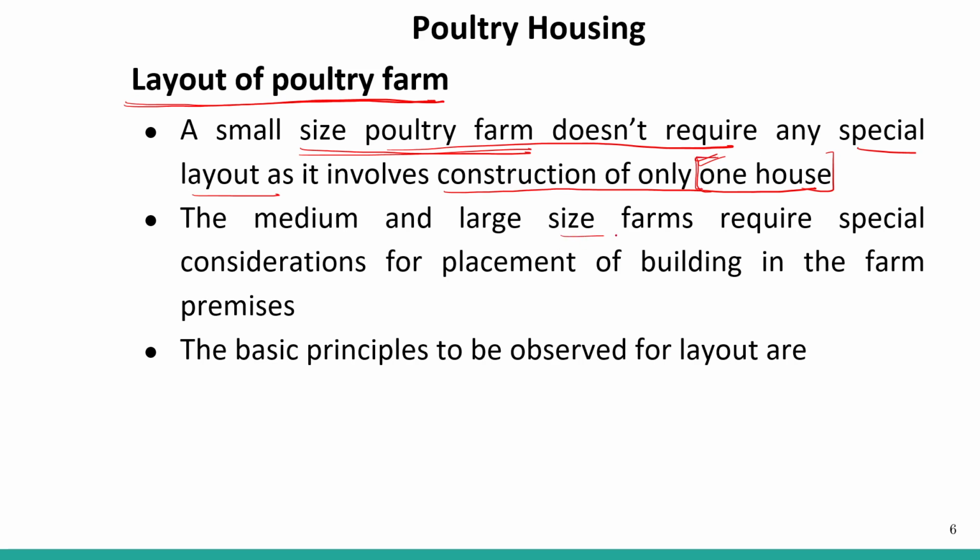The medium and large size farms require special consideration for the placement of buildings in the farm and premises. So for medium and large size farms, there is a requirement of special consideration for the placement of buildings, where the building should be made and the area should be proper, right? And all the other requirements should be kept in mind before selecting any layout for the poultry farm. And this is for the medium and large size poultry farm, right?